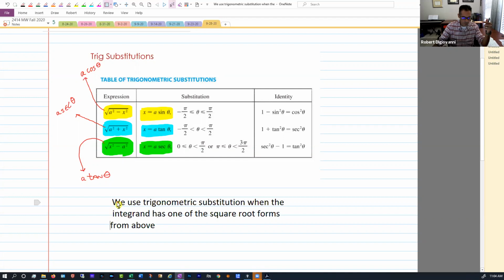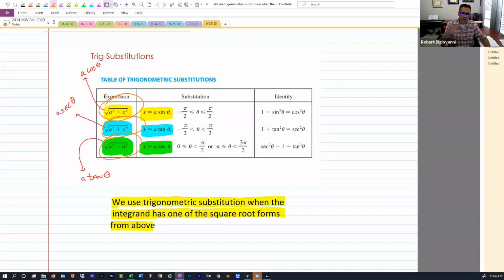We use trigonometric substitutions when the integrand has one of the square root forms from above. So we're trying to see, somewhere in the integral, one of these types of square roots: the square root of a constant minus x squared, the square root of a constant plus x squared, or the square root of x squared minus a constant.